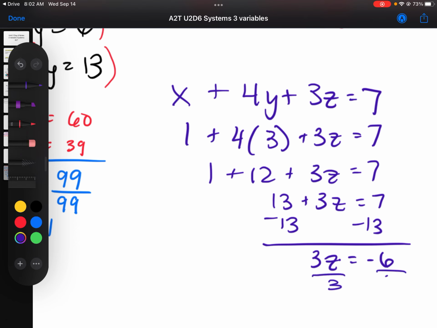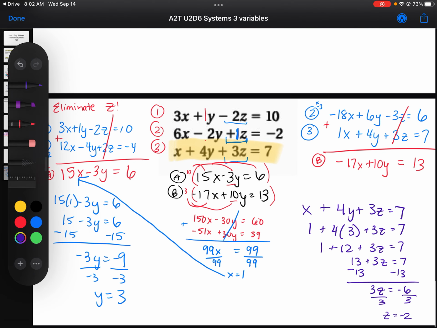Divide by 3. Z equals negative 2. Throw it all together. My final answer should be an ordered pair. X, Y, Z. So 1, 3, negative 2. So that is the point where the three planes intersect each other.